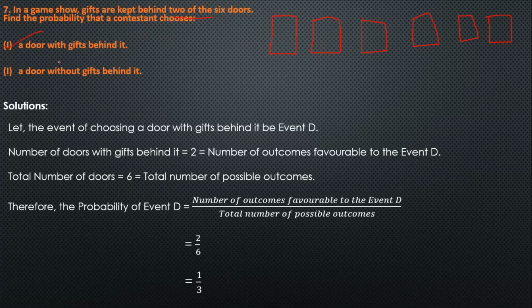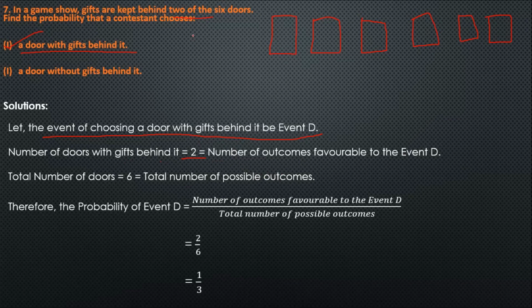So the first question is to calculate the probability that the contestant chooses a door with gifts behind it. Let the event of choosing a door with gifts behind it be event D. So how many doors are there behind which we have gifts? It is 2 out of 6 doors. This means there are only 2 doors behind which the contestant will get gifts.